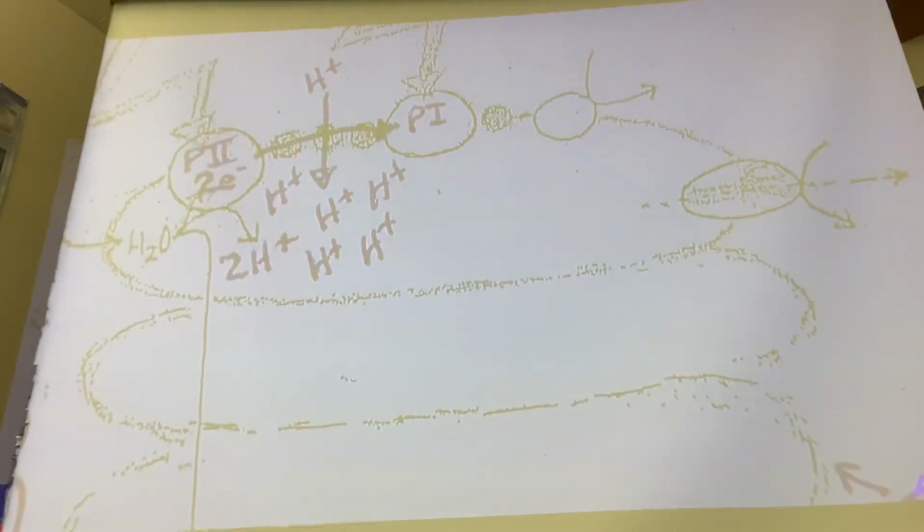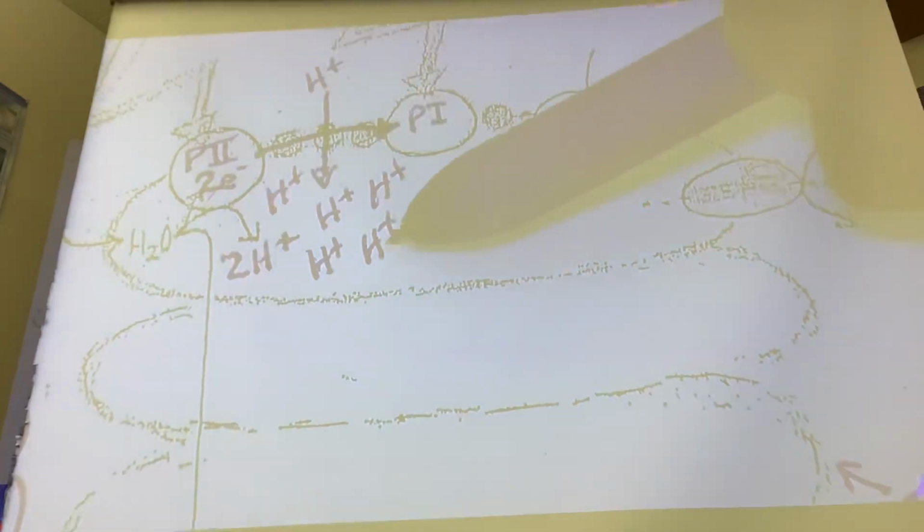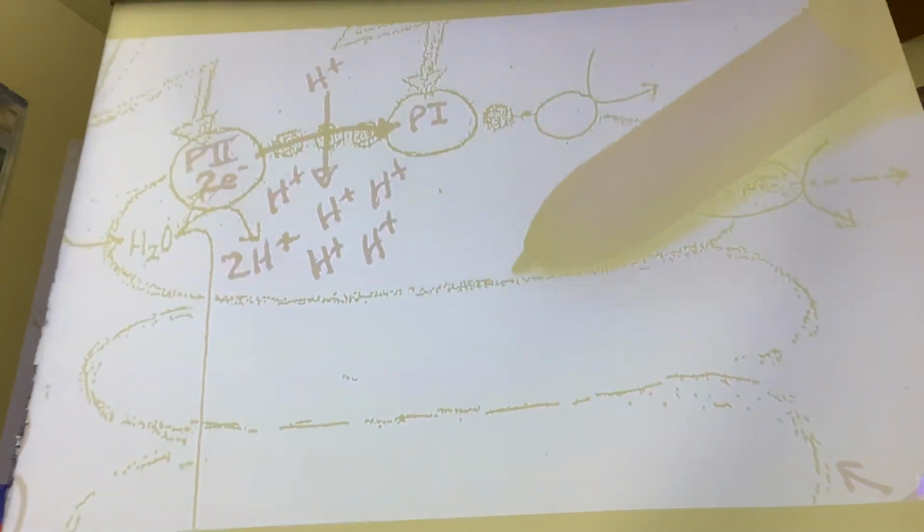Now for the 12 water molecules that's going on, I'm getting 24 just for breaking it, and I'm getting 24 from the electrons moving. So for every 12 water molecules, or for every glucose I make, I'm getting 48 of these protons building up inside. So I'm building up quite a concentration gradient. Okay? So I've got all these protons inside, right?